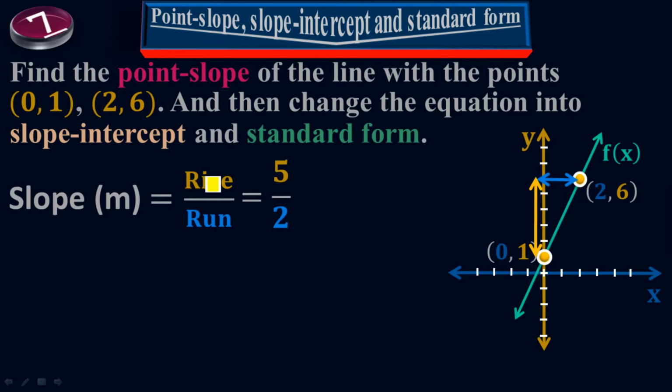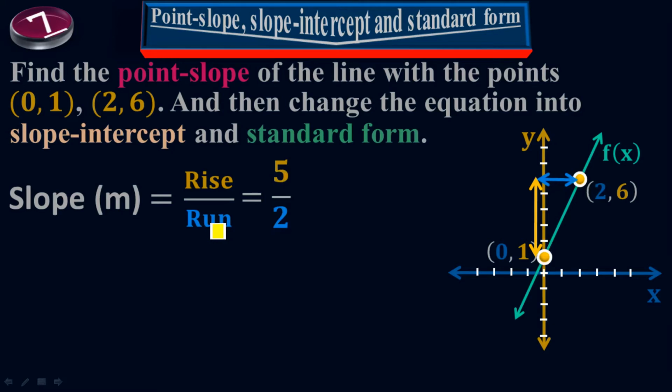How? Look, rise is along the y-axis from here up to here. How many points do I have? 1, 2, 3, 4, 5. Positive 5, up to here. You can't go here or there; you have to go to this point. So positive 5 over 2.